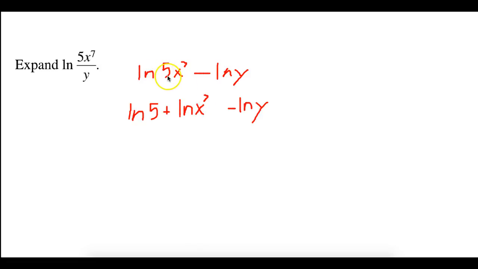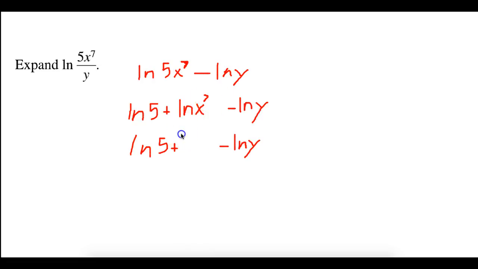So we took 5x to the 7th and split that up into the natural log of 5 plus the natural log of x to the 7th. Now, natural log of 5 and minus natural log of y, we can't simplify or expand those anymore.